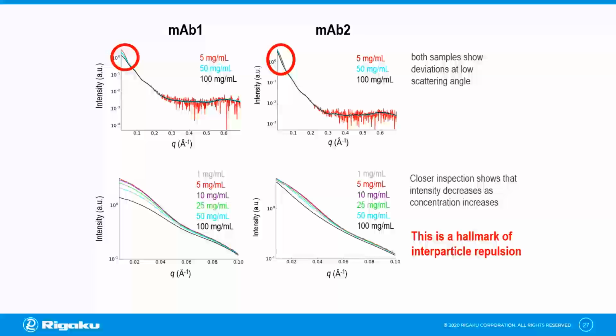So then we can ask the question, can we start to extract information about the solution structure factor and ask some other questions? In addition, we can see that at the lower concentrations, there is some stabilization of the two plots. So we can presume that these lower concentrations are a true representative of the form factor.